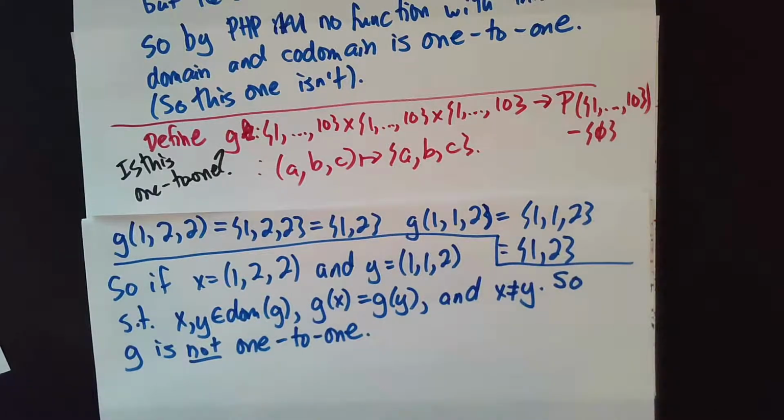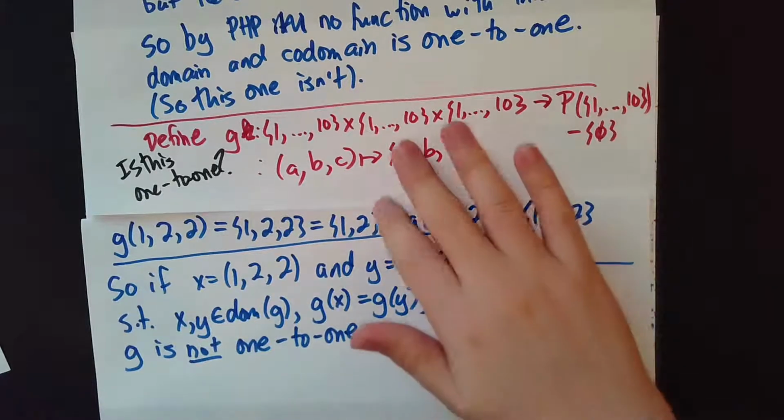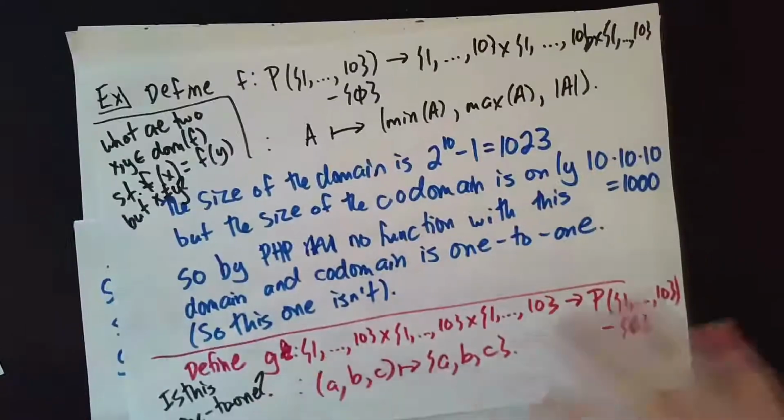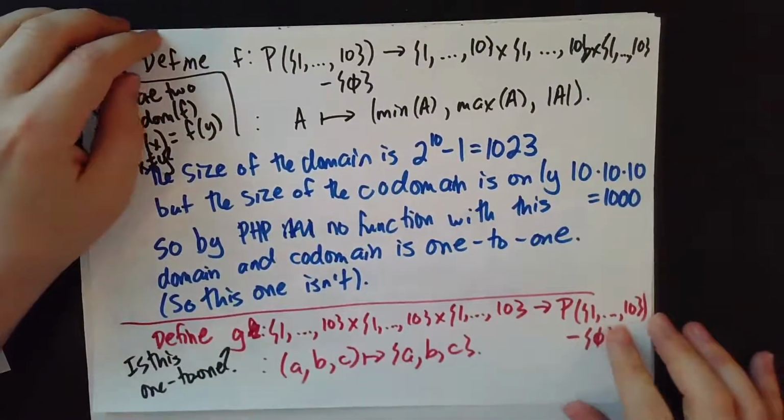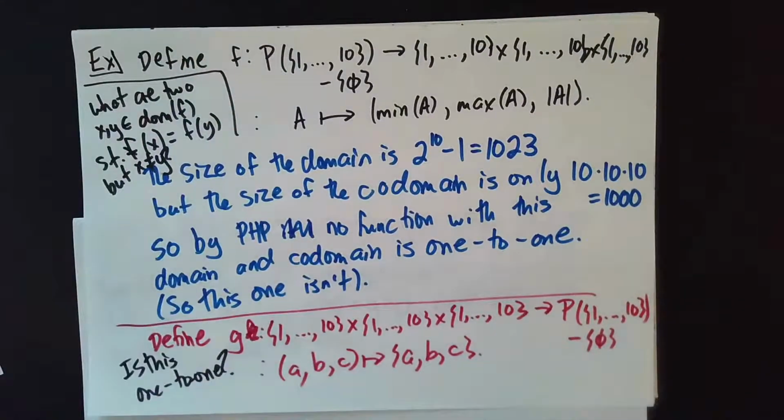Okay, how about the other question I asked? So, we know this first function is not 1 to 1, which means there have to be 2 things that get mapped to the same element under this function.